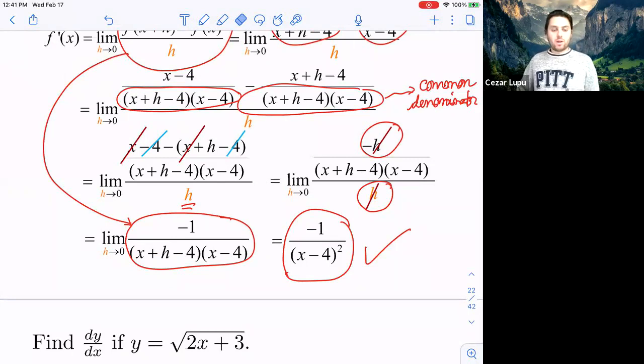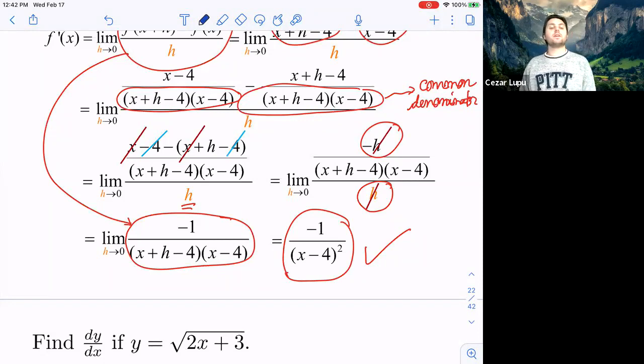So the question was how to find the derivative of a function y of x, right? But if you don't like the notation, you can always switch y with f of x. But anyway, in any case, this is what we need to find out. What is the derivative of this function, square root of 2x plus 3?